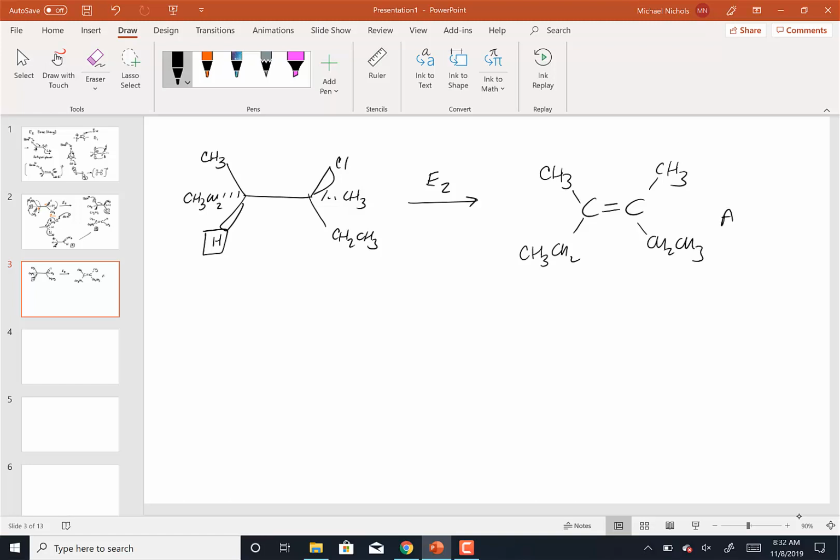So we'll call that A. Having the methyl groups and the ethyl groups trans, we'll call product B. So let's vote on which one of these two you got. Did you get A or did you get B?